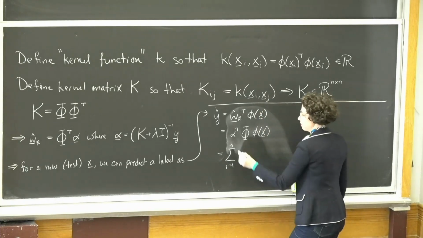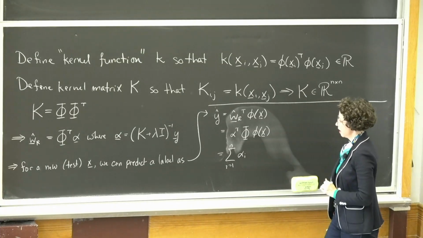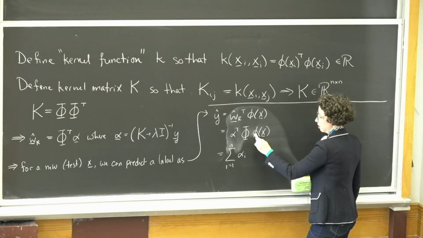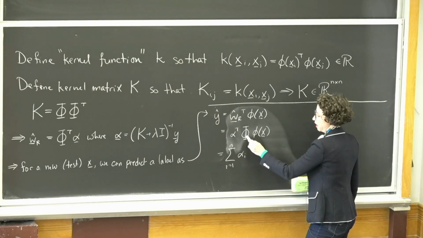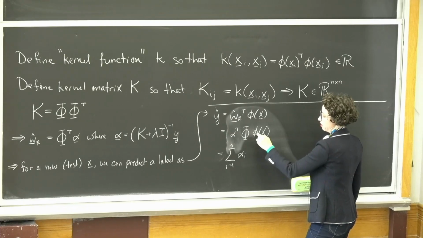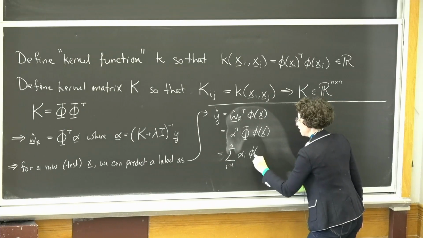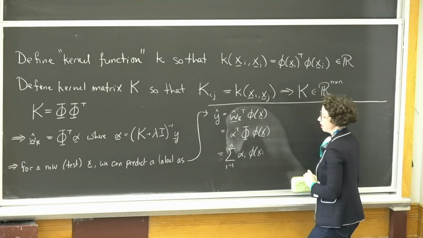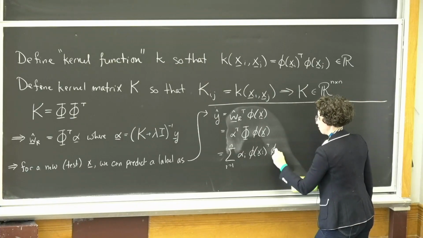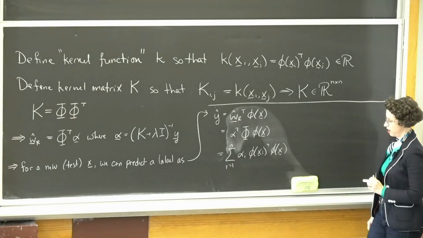And for each one, I've got a weight alpha i. And then when I think about what this product means, I'm looking at the ith row of phi, inner product with phi of x here. So what I have is phi of my ith training feature transpose times phi of my new test feature phi of x.